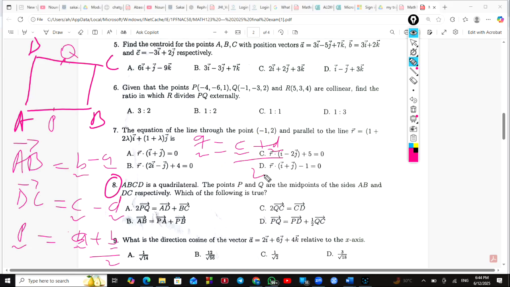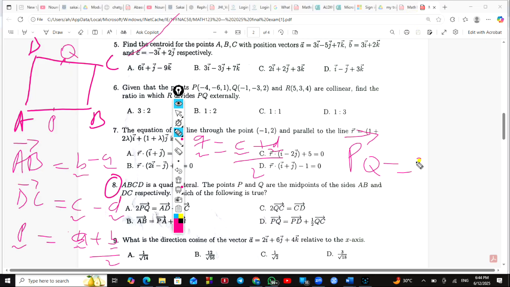So PQ will be equal to the vector Q minus the vector P. So the vector Q is the same as C plus D over 2 minus the vector P, which is the same as A plus B over 2.